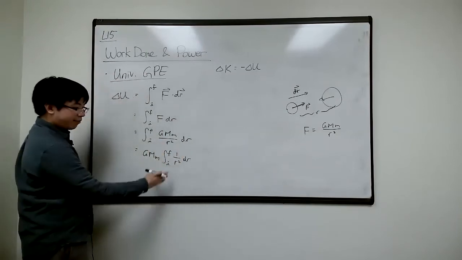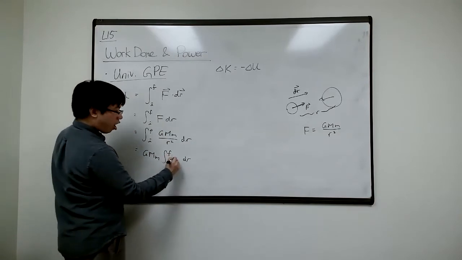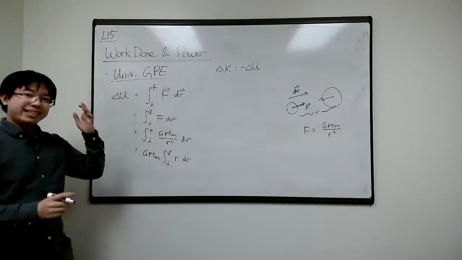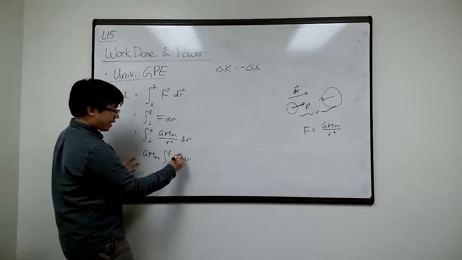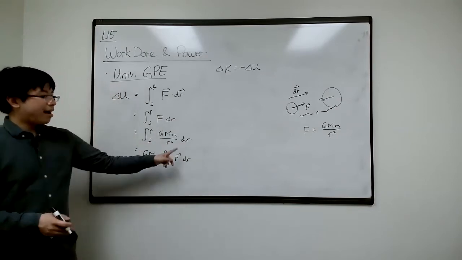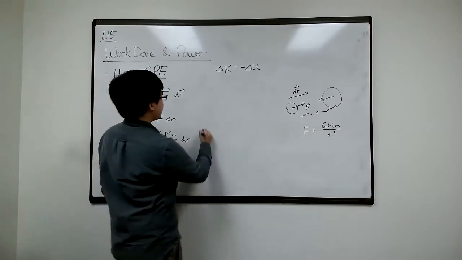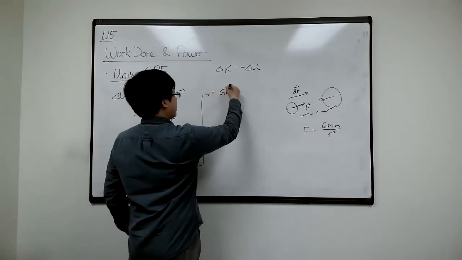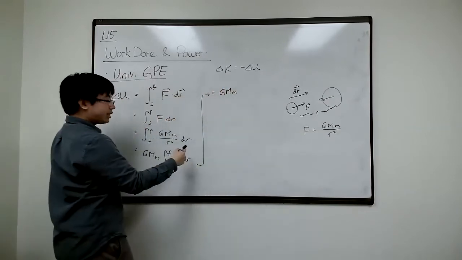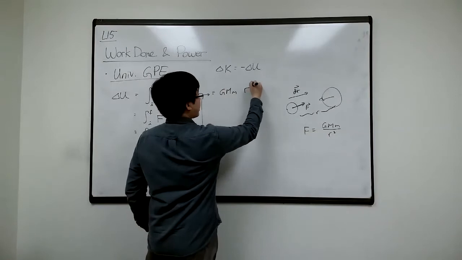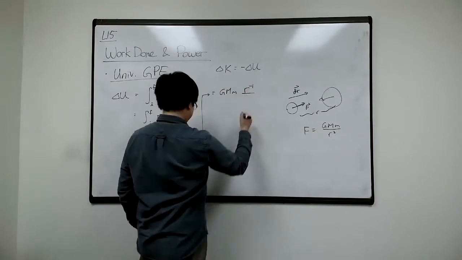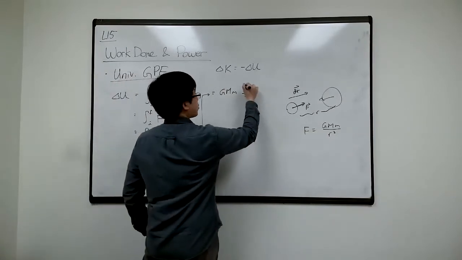Okay, if I write this as r to the minus 2, if 1 over r squared intimidates you, you can rewrite it that way, and now you can just use the power rule. You remember the power rule is to increase the power by 1, so it's minus 1, and divide by the new power, which is minus 1.